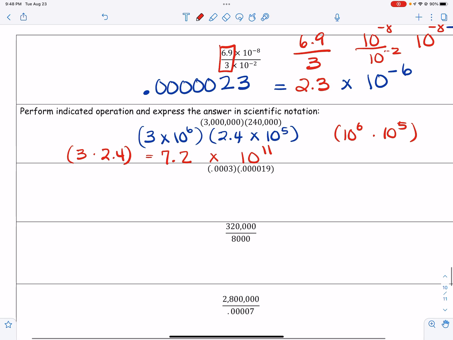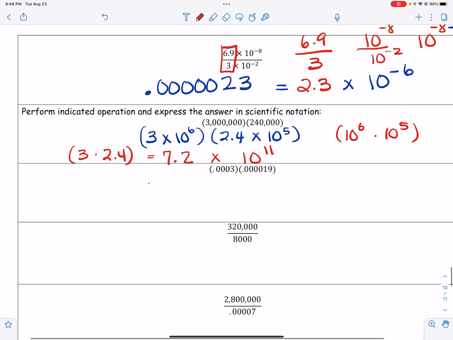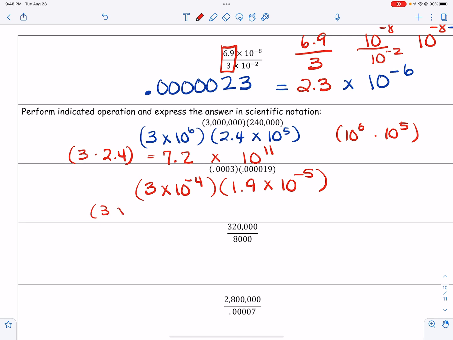All right, if I change 0.0003, that's going to be 3 times 10 to the negative 4, and then I've got 1.9 times 10 to the negative 1, 2, 3, 4, 5, and so then I'm going to take 3 times 1.9, which gives me 5.7, and then I'm going to take 10 to the negative 4 times 10 to the negative 5 and write the base and add the exponents.